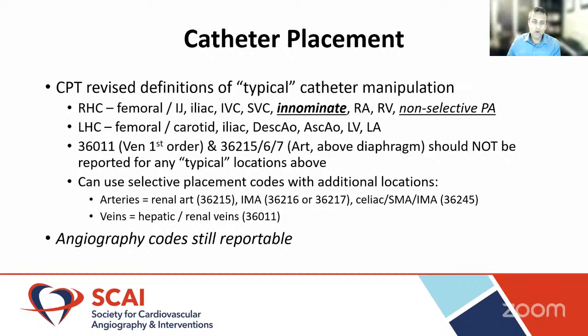You can't do that on the right heart cath. You still can on the arteries. The only exception that they've made is the femoral, carotid and iliacs, which they consider to be included in the cath. So you can't really bill those anymore as typical locations, as above. That's just with catheter placement. The angiography codes still can be reported.